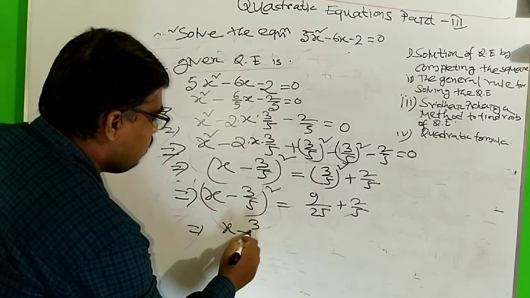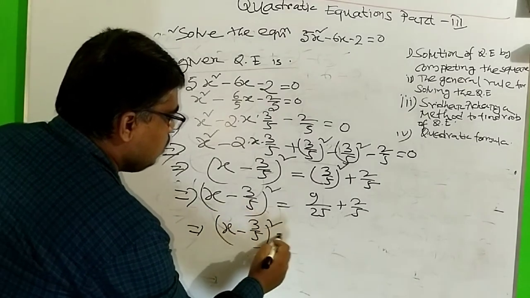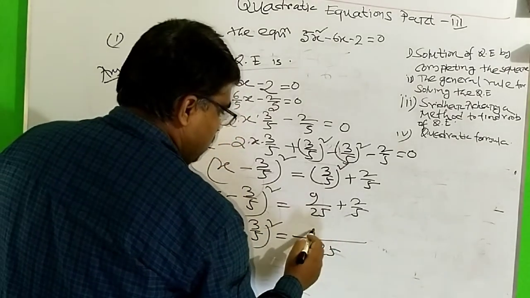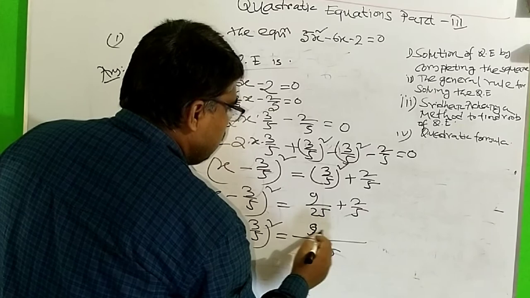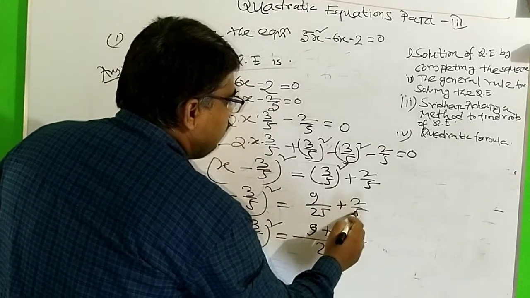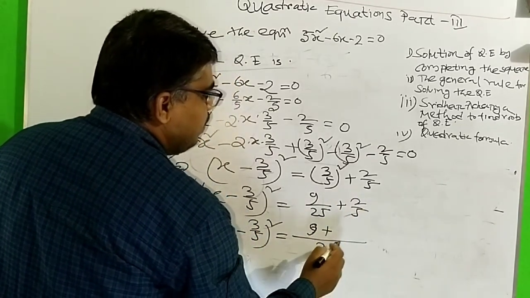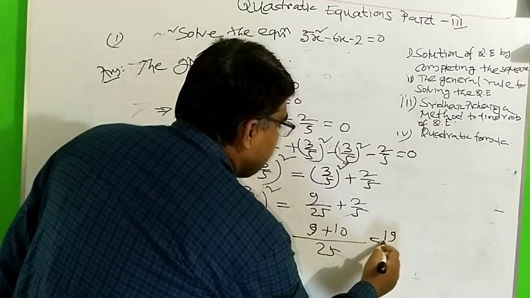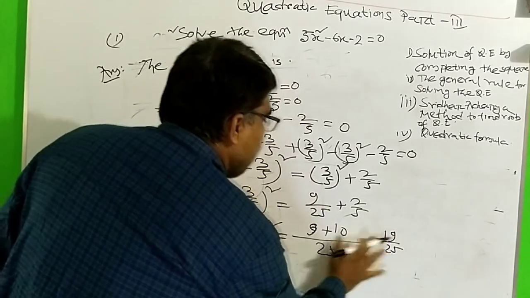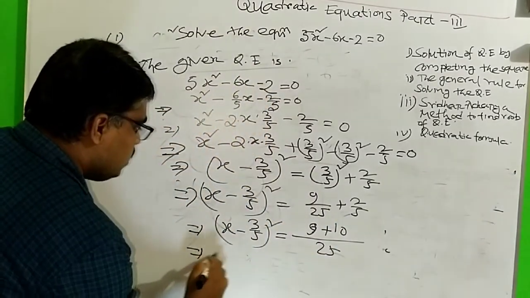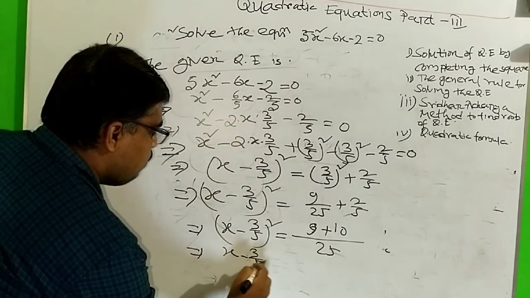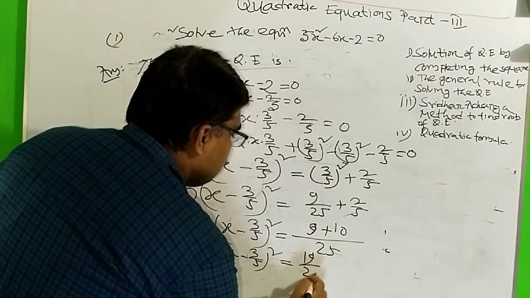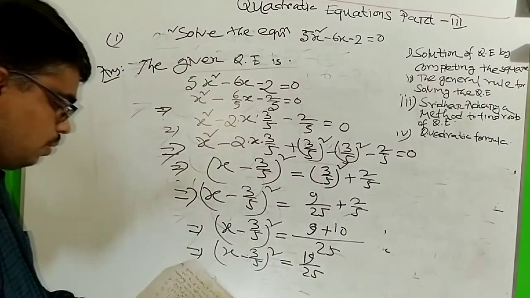We get x minus 3 by 5 whole square equal to, LCM is 25, 9 plus 5 into 2 means 10, equal to 19 by 25. So this implies x minus 3 by 5 whole square equal to 19 by 25.